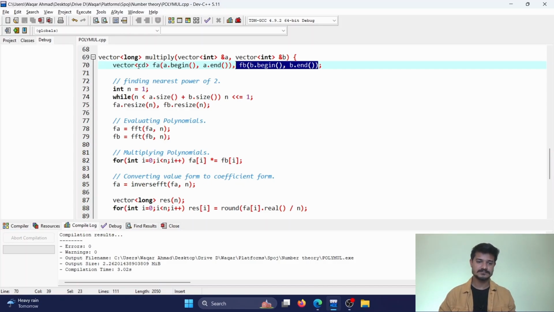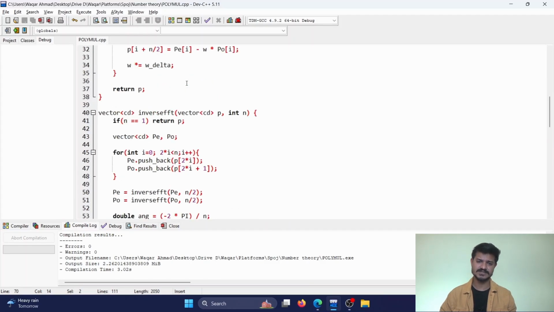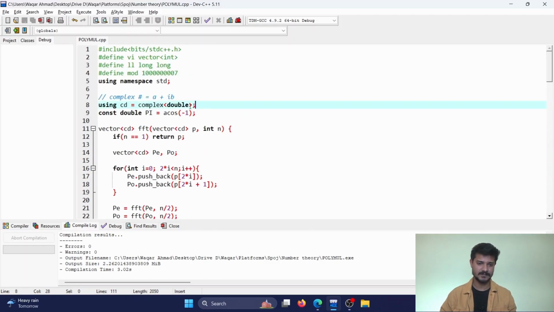A and b both. We have defined fa and fb, basically polynomial a and b in complex plane. Instead of vector of int, now they are converted into vector of cd. What is cd? I defined a new type, complex type, right, which is complex double. So let me just show you here. CD is basically, I've defined the new type CD, that is complex double. So complex double means, first of all, this is a complex number which will have two things, real part and imaginary part, right?